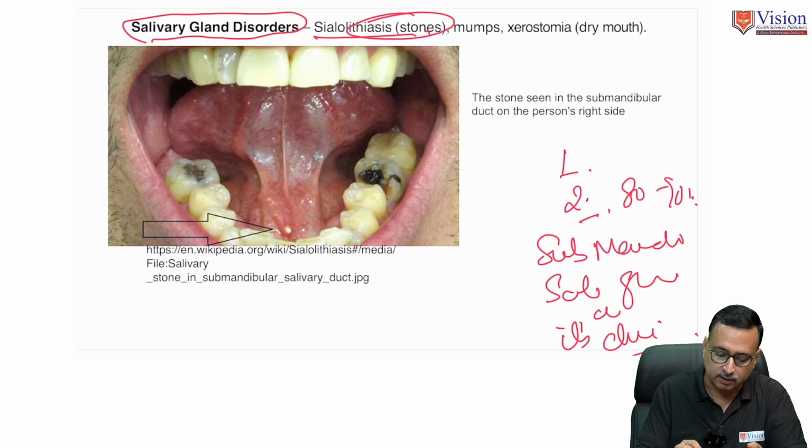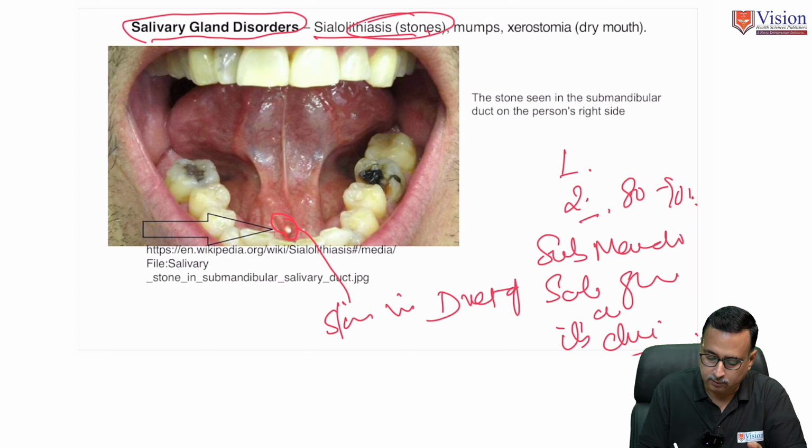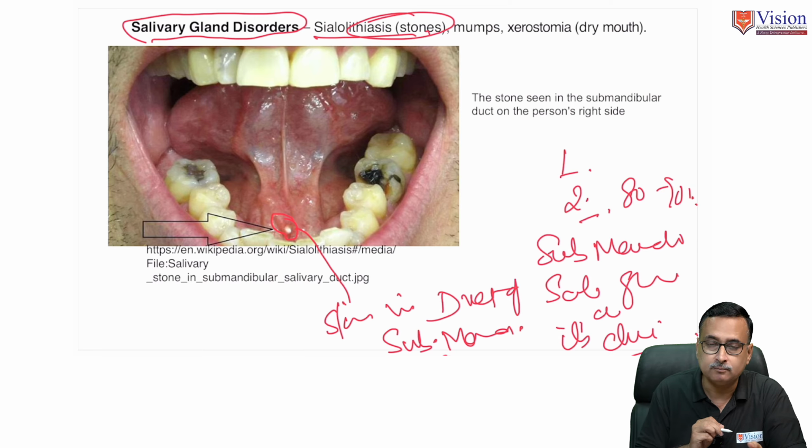So this diagram shows this typical portion. This is the bulged part, which is a stone in the duct of the submandibular gland.